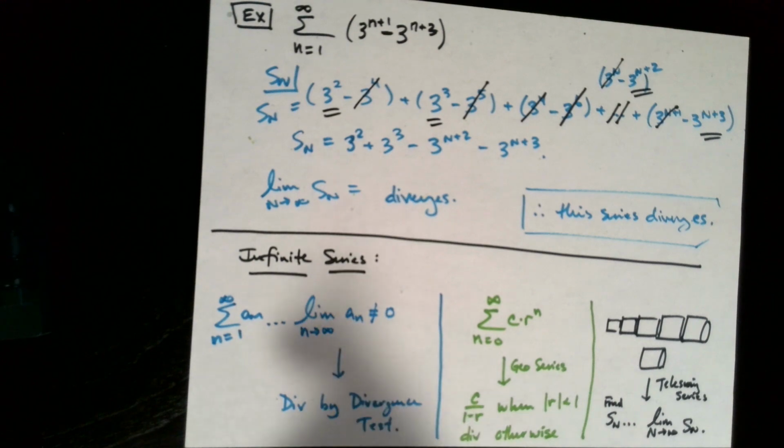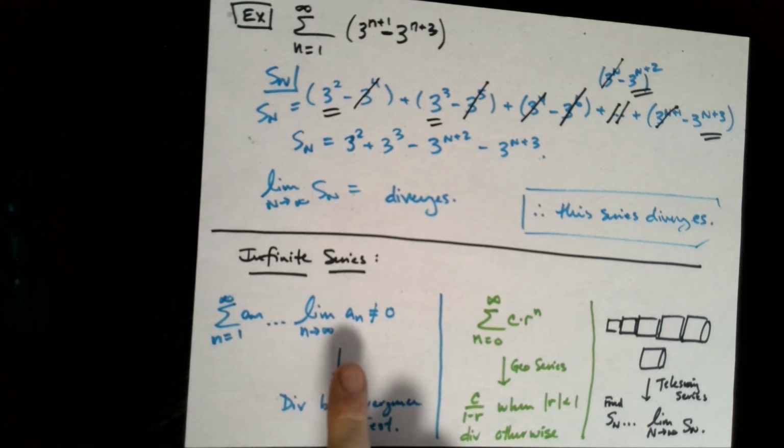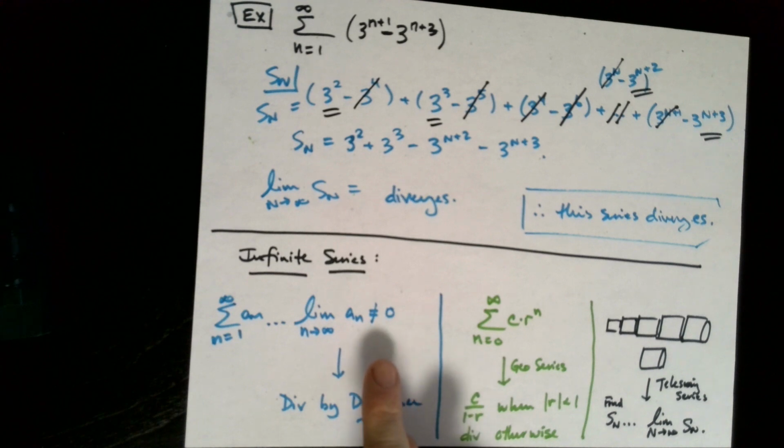What if, let's say, the terms of the series do not limit to 0? Well, if the terms of the series do not limit to 0, then as we saw, it doesn't matter what non-zero number you add to itself infinitely many times, you always get an infinite result. And then we can say definitively that in this case, we diverge by the divergence test.